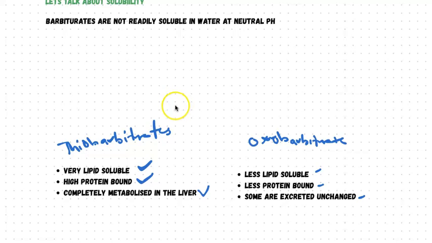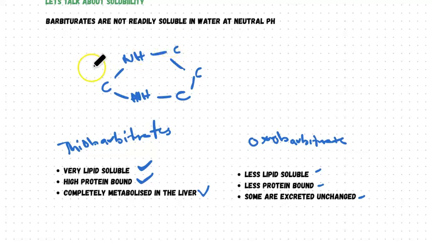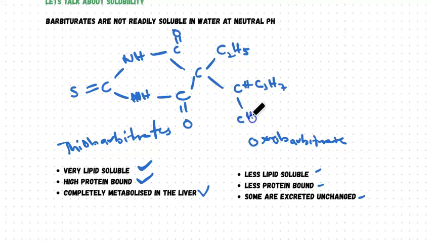So let's actually draw sodium thiopental. Remember the structure of the ring: you have NH, C, NH, C, C, and another C connected here, with double bond O, double bond S, double bond O. And here you have two separate groups: C2H5, and CH, C3H7, with another side group of CH3.